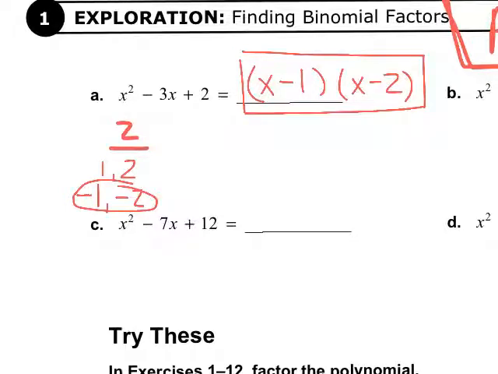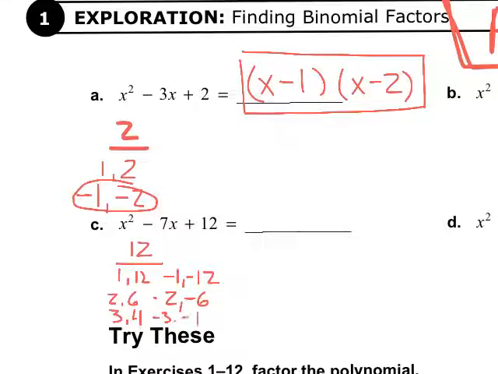Okay, so let's look at c since it's on the screen, and then I'll move over to b and d. So I want to multiply to c, so my c value is 12. So I want factors of that add to b. So for 12, I have 1 and 12, which means I also have -1 and -12. I have 2 times 6, so I have -2 times -6. And then I have 3 and 4, so I have -3 and -4.